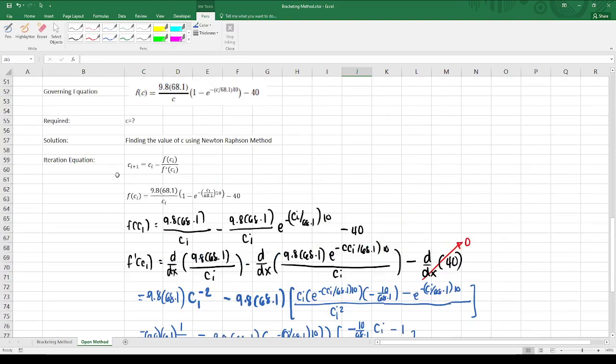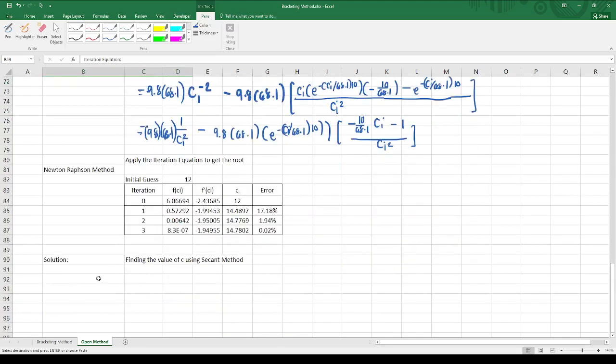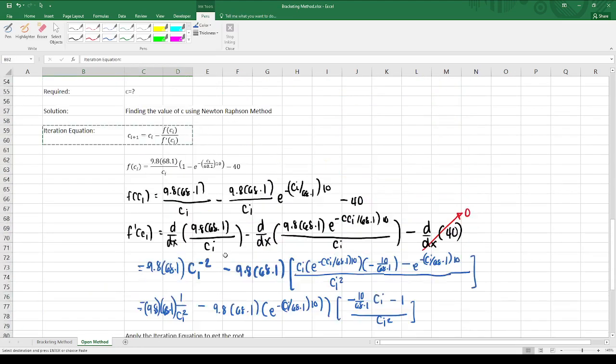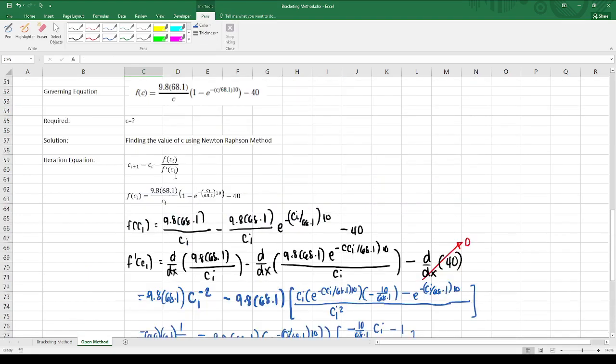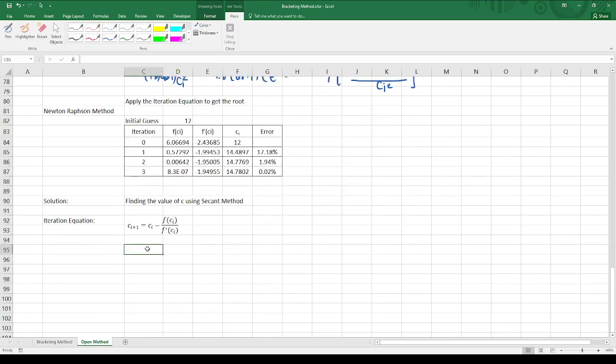Then your iteration equation would be the same. Yeah, this one would be the same also. But the difference is your derivative of c sub I is backward, no?